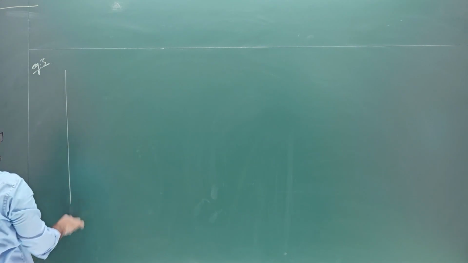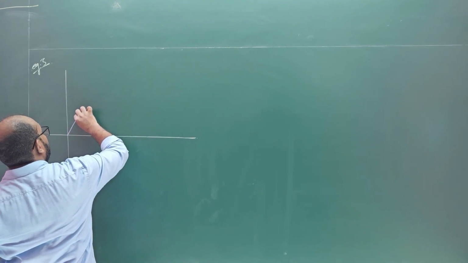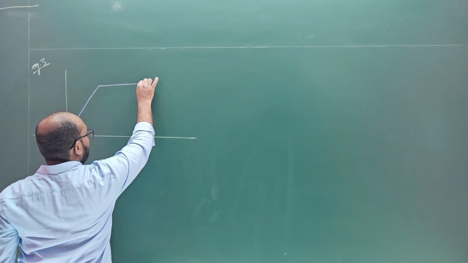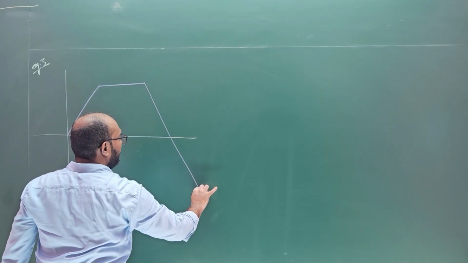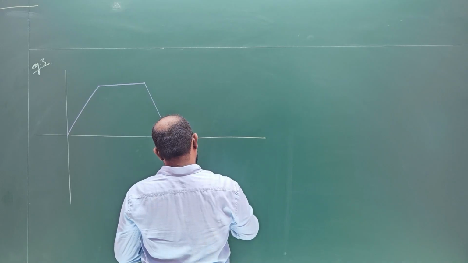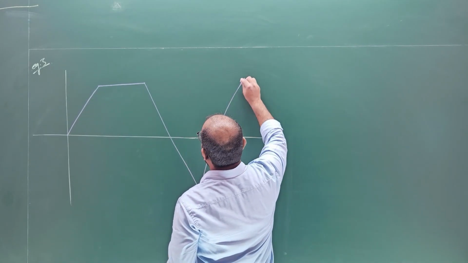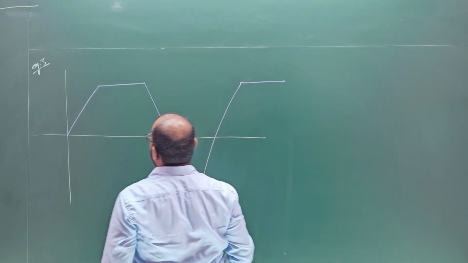Example number 3. Again v-t is given. It started here, then moved here, then moved here, then let's say again here, then here.